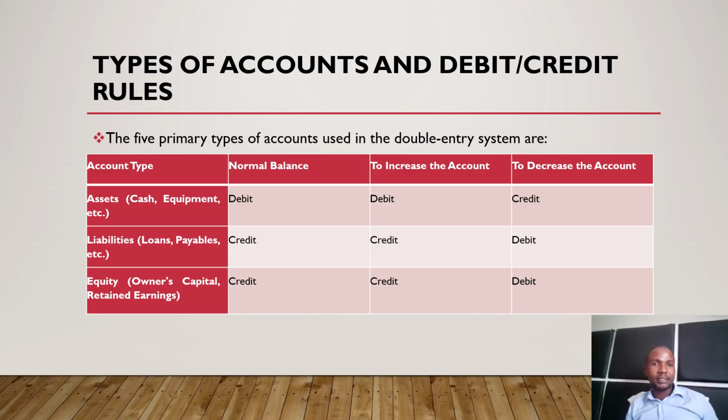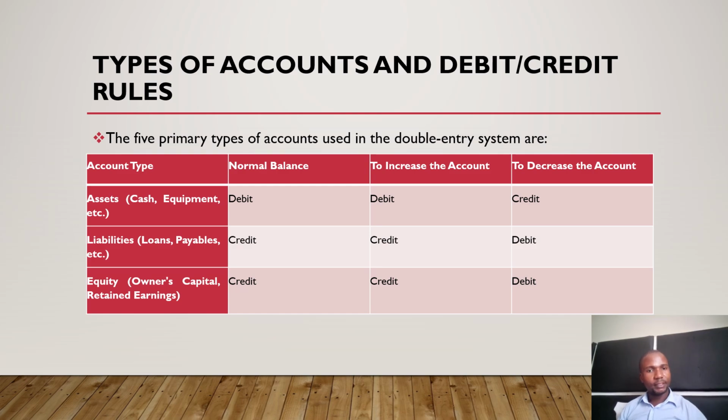We're going to look at the debit and credit rules for each of these accounts. Let's start with assets. We already defined what assets are in our previous lesson. The normal balance of assets is a debit balance. If we are to increase the asset account, we need to debit it. And if we are to decrease it, we have to credit it.